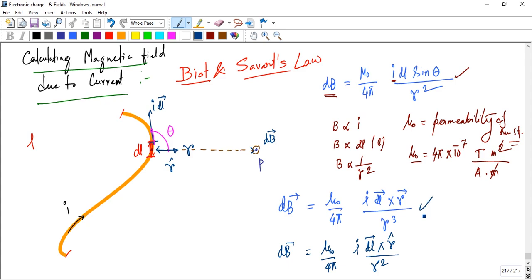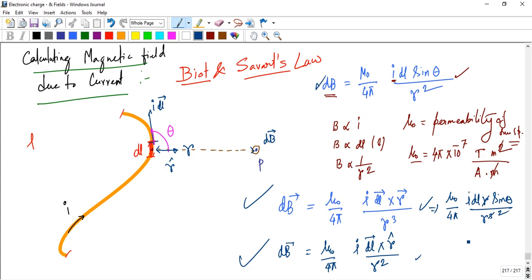Both are true, because we get I dl r sine theta by r cube, so cancelling gives r square.